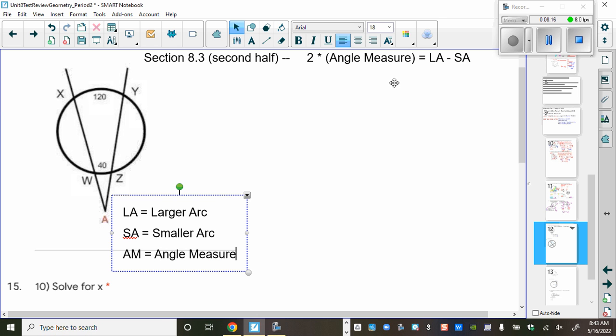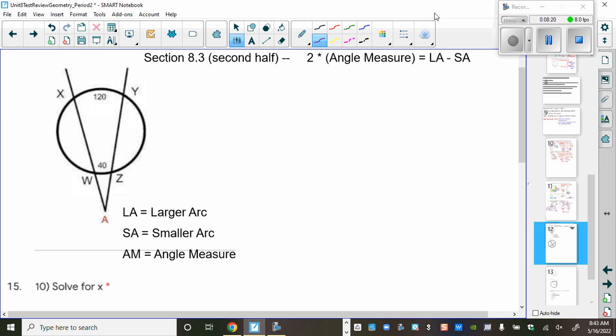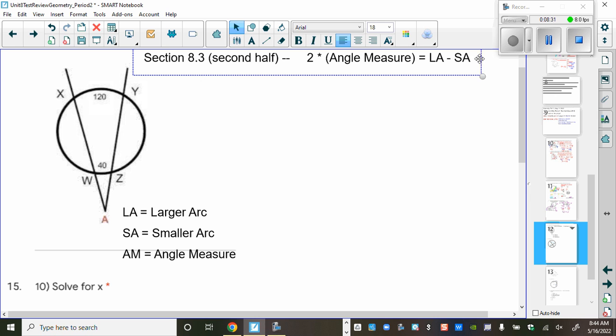Now, for this problem, what do we have? What is given to us? Who could tell us what's given to us in this problem? Are we given angle measures or arcs or one and one?